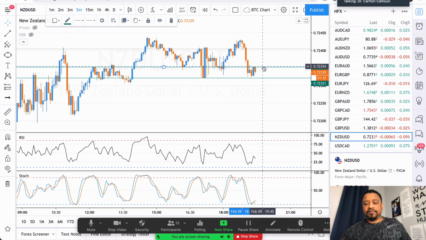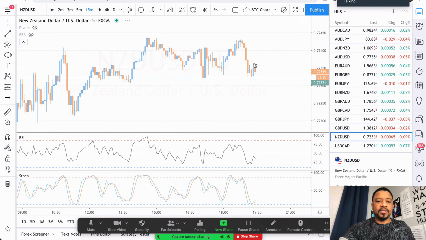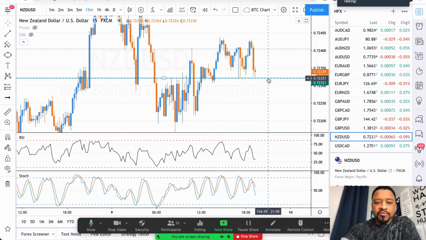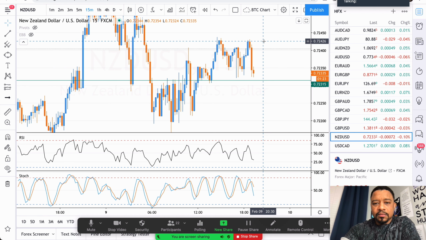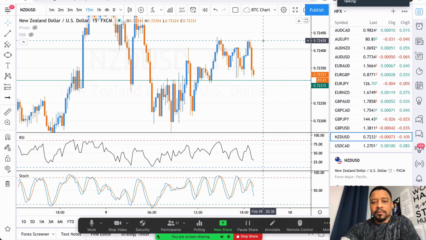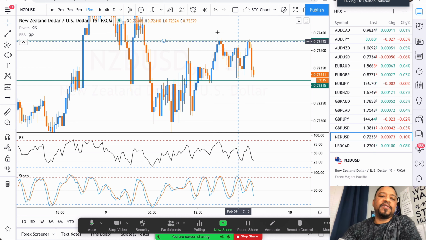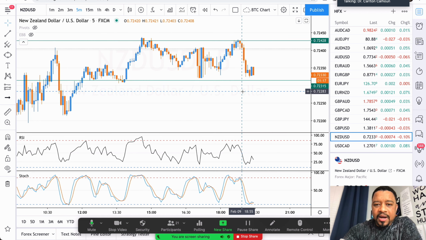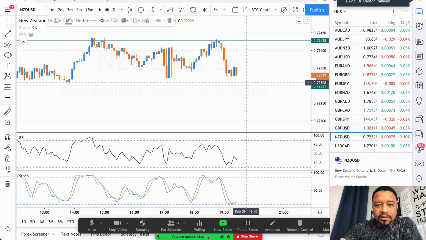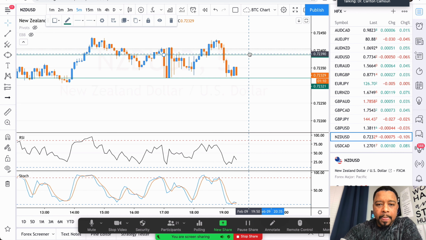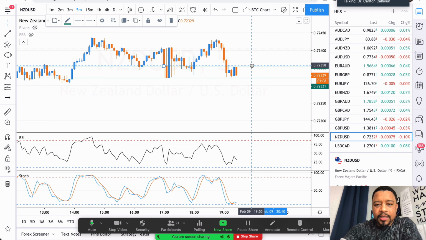This is the 5. 15. Okay. Even better. Right here. Right here. I like to trap price. So that's the 15. Drop down to the 5. I adjust right here. Right here.